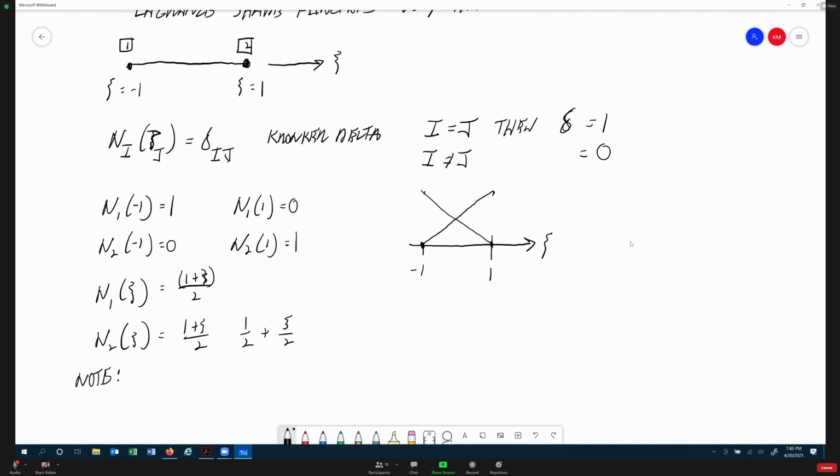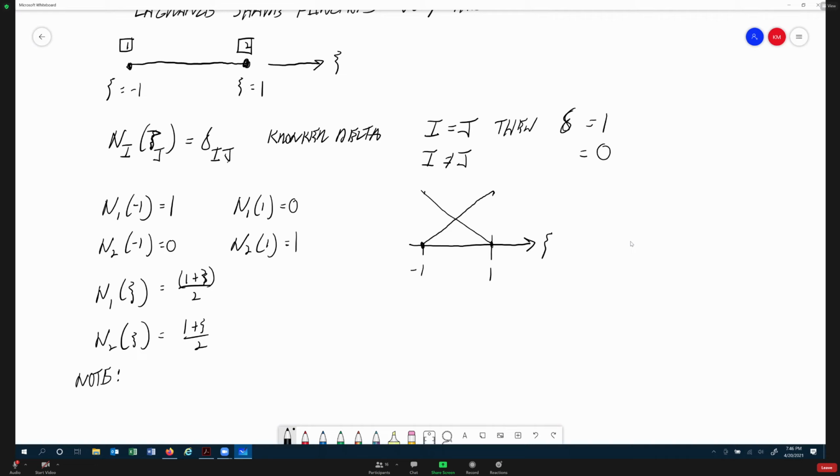Hold on, let me double check. N1 is C. Actually, I think the negative would give an opposite slope to one of them.